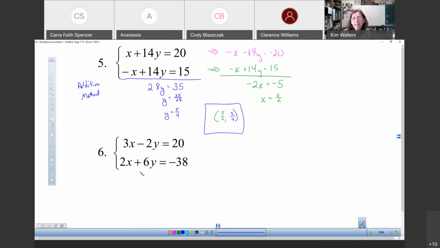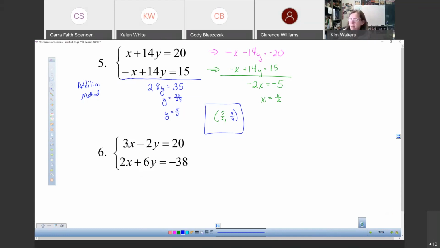What might I do? I want to multiply one of the equations by something, at least one of the equations. I might multiply both of them, so that when I add them together, I get rid of one of my variables. Somebody make me a suggestion, because I know somebody out here recognizes this. Can you multiply the top one by 3 and get it equal to 6, and then you can... Yes, exactly.